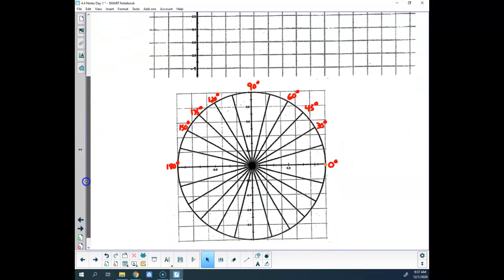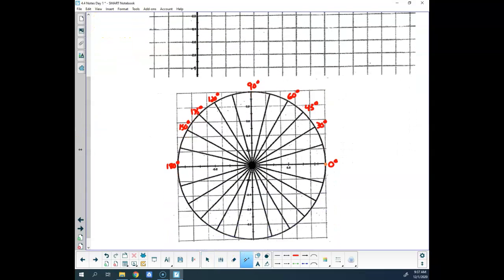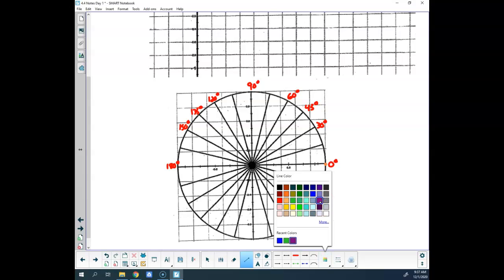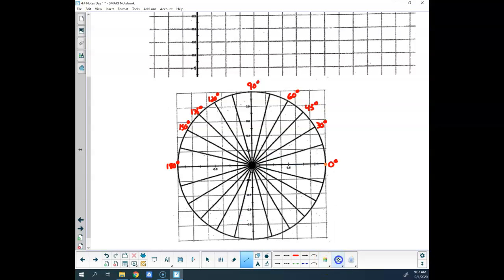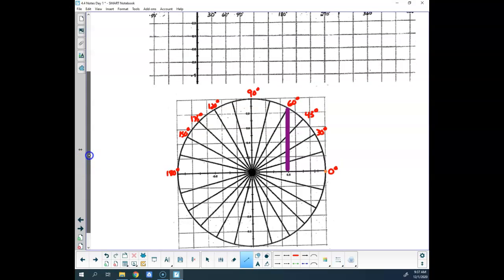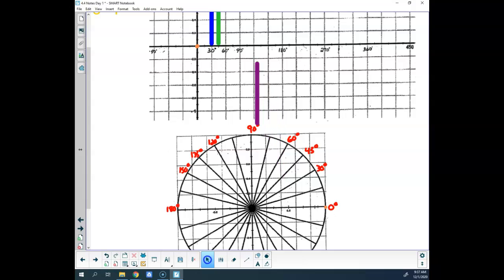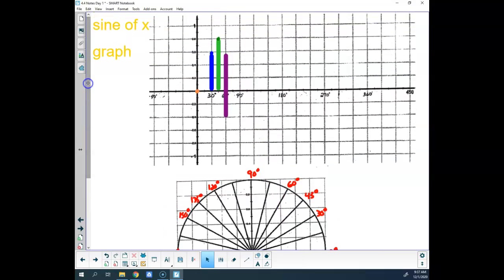Then you're going to do it at 60 degrees, and bring that one up to 60. At 90, it's all the way up to 1. So we know that.